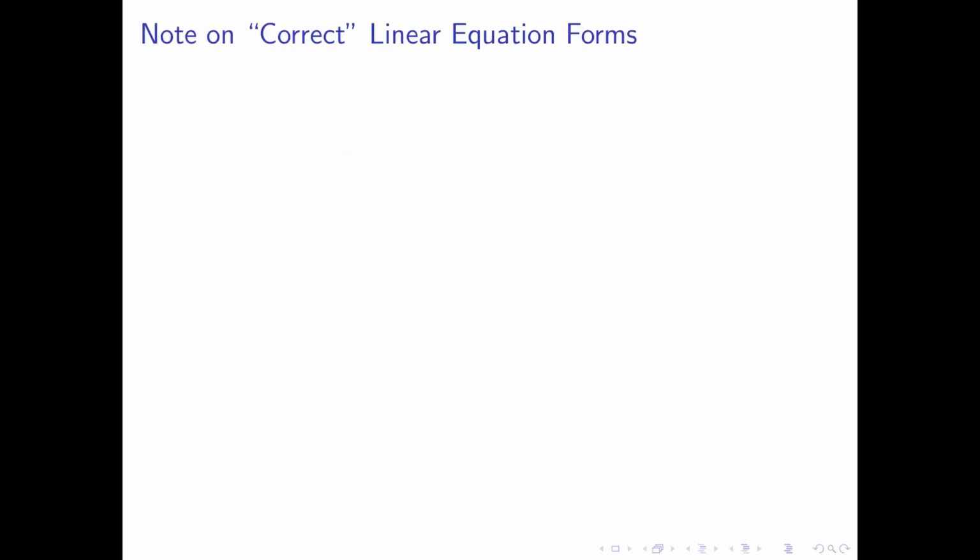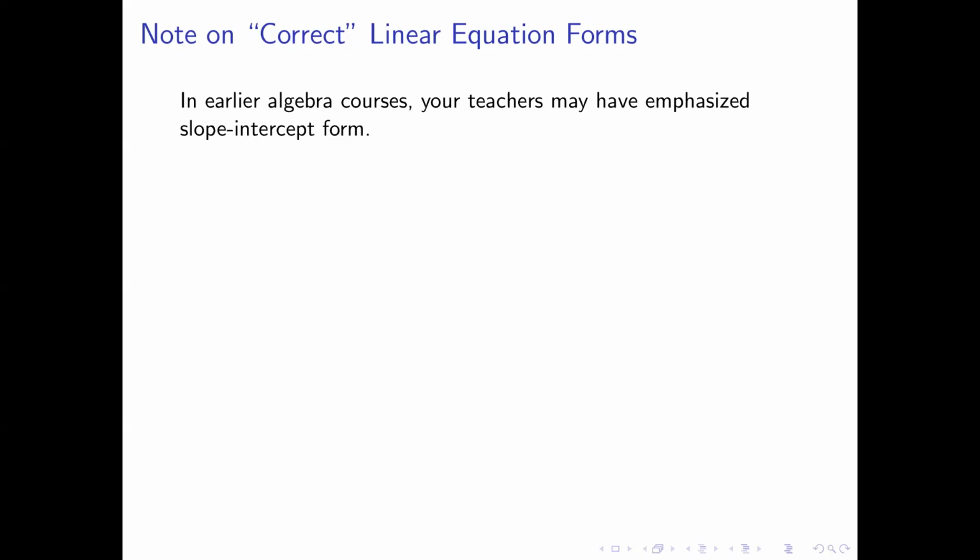I want to return to something we discussed a moment ago, the idea of different linear equation forms and the idea that one of these might be correct or incorrect in some sense, especially in the earlier algebra courses that you've taken. It's very likely that your teacher put a lot of emphasis on slope-intercept form.